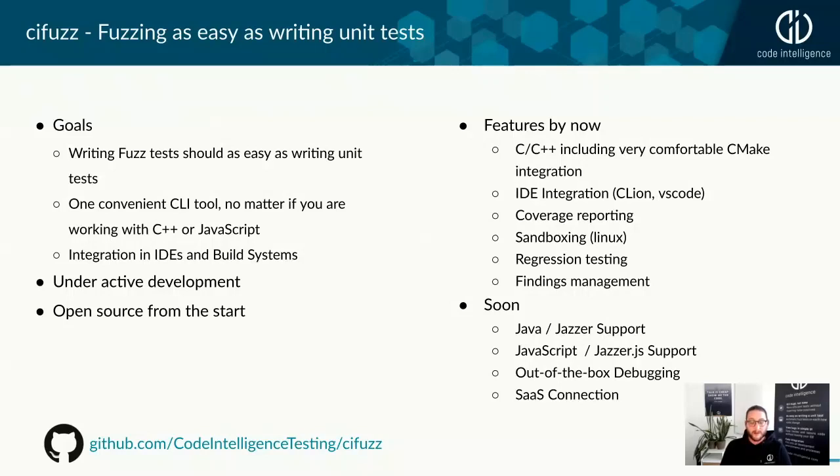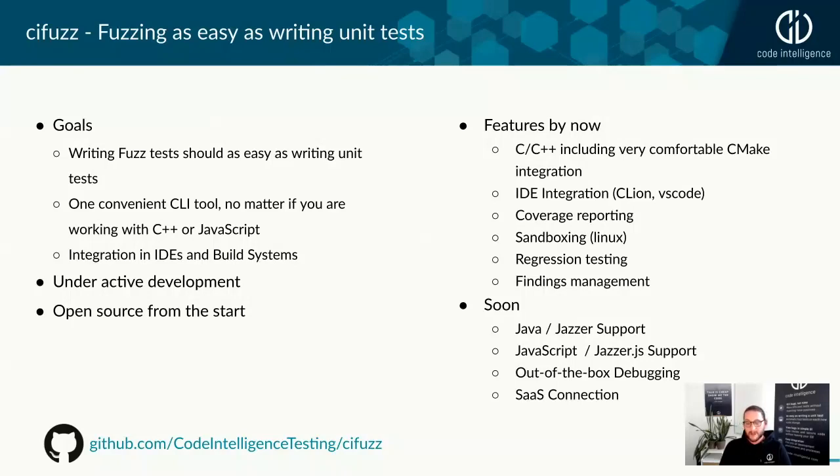Currently we are supporting C and C++ with our CMake integration, which I will talk about on the next slide. We have IDE integrations based on the CMake integration for CLion and VS Code, but the chances are high that if you're using an IDE that has a CMake integration, our stuff will also work.